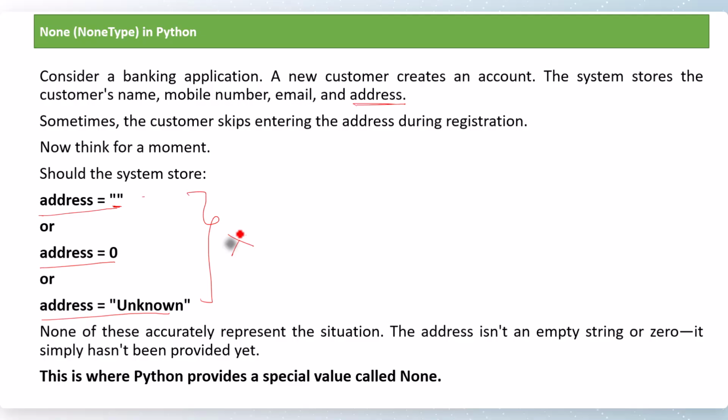We need to specify that the address is not an empty string, it is not 0, it is not unknown. So how can you specify that value? We can use None in this case. None is a special value which is a keyword. This is where Python provides a special value called None.